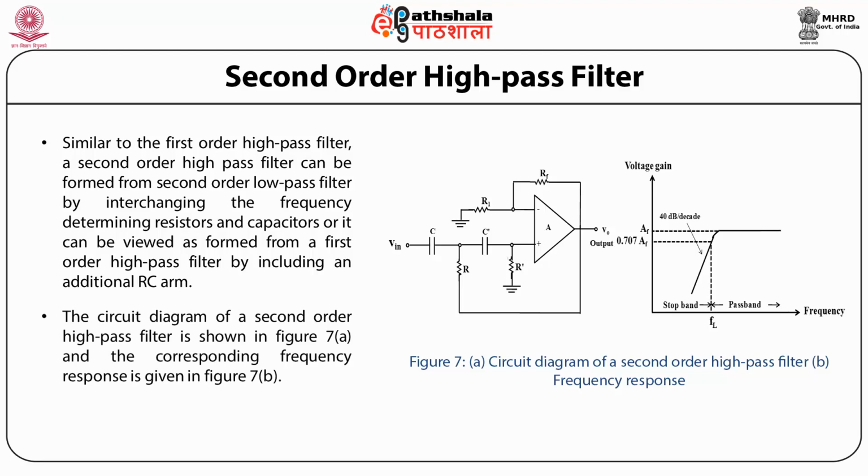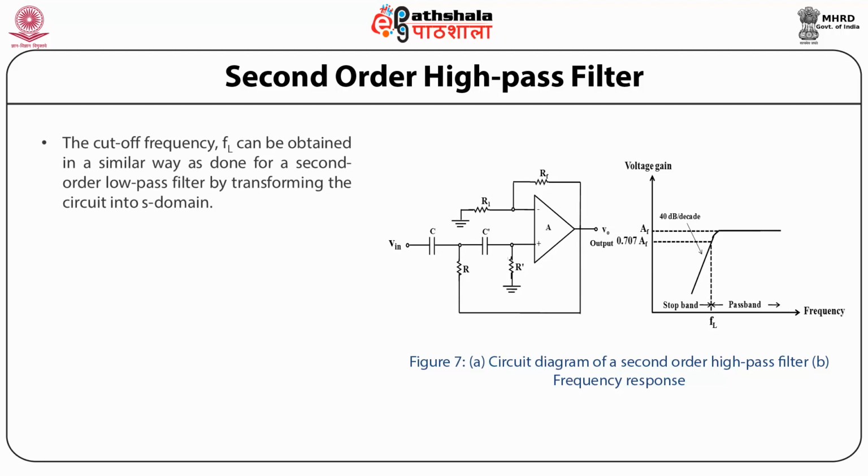The circuit diagram of a second order high pass filter is shown in the figure, and the corresponding frequency response is also described. The cutoff frequency FL can be obtained in a similar way as done for a second order low pass filter by transforming the circuit into S domain.